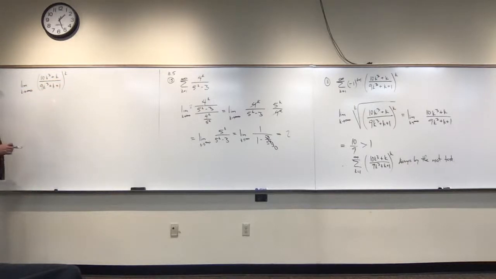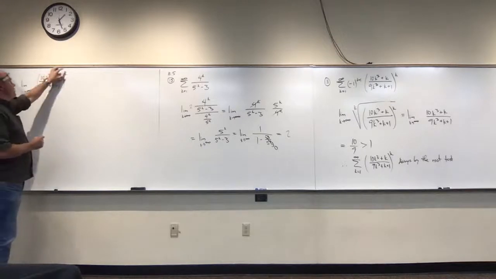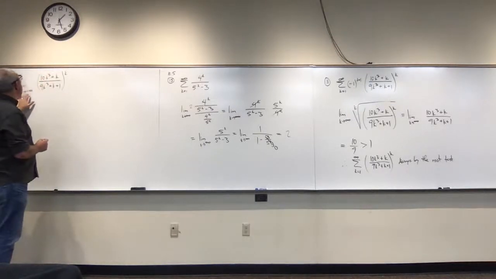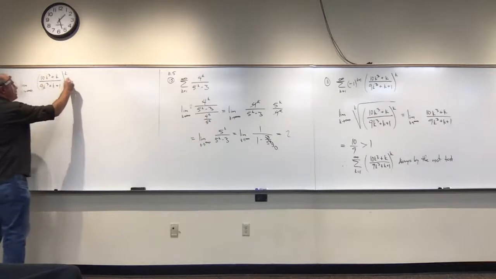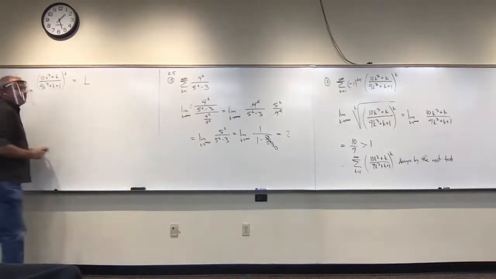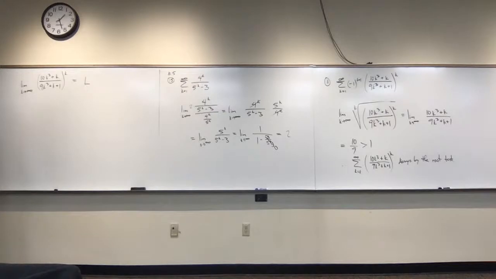So how do we take this limit? Any ideas? It's kind of like infinity over infinity to the infinity. Could you try to do ln first and say it equals L and then do the ln of this stuff? Yeah, that's good. Whenever you have something raised to a power and you're taking the limit as k goes to infinity, a good idea is to call that L and take the natural log of both sides.